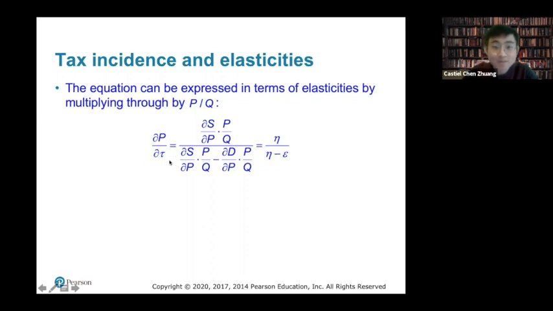So that will be one way to do it. But for a linear equation, getting the elasticity is actually more complicated. So you don't really need to use calculus to do this question. You can still use what the professor did to do the calculation to get the tax incidence.